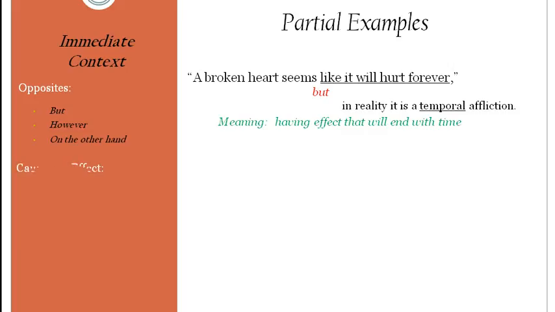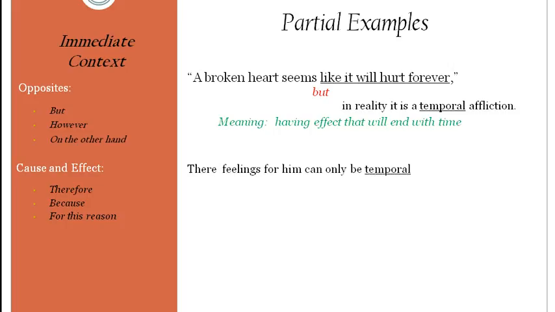Cause and effect terms can also provide useful hints. Because, the cause, therefore, as a result, and similar terms suggest that the meaning of words can be found in its cause or its effect. Example 2 suggests that the reason that emotions are temporal is based in the fact that lovers do not live eternally. When taken together with the phonological and structural clues, the meaning of temporal falls into place.